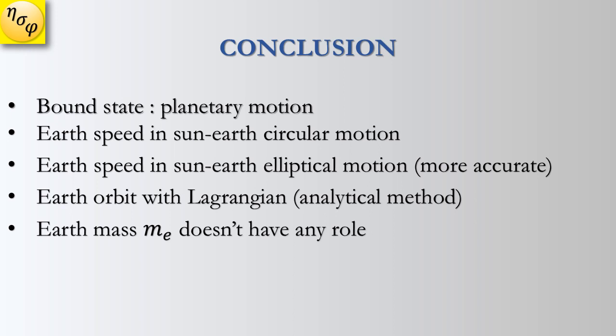And lastly and surprisingly, Earth mass doesn't have any role in these calculations. This accounts for the equivalence principle, and equivalence principle is the key principle in the most accurate theory of gravitation that we know today, that is general relativity.